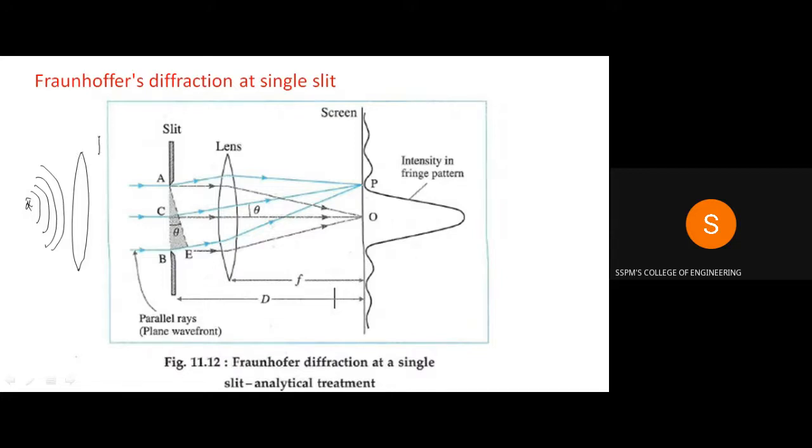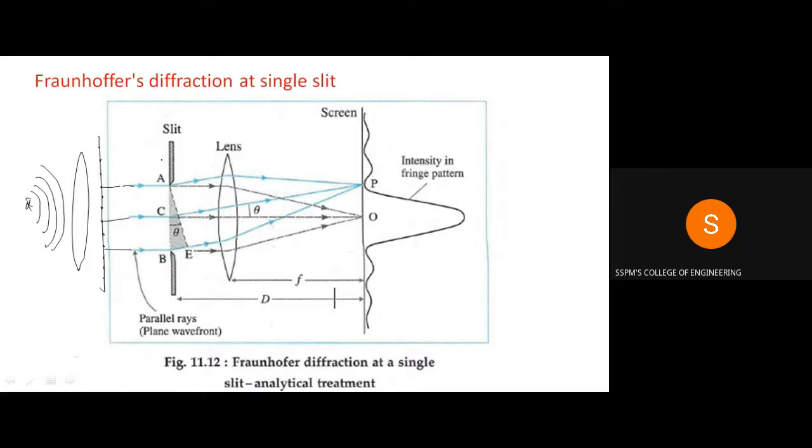Then we obtain the plane wavefront, the locus of all the points at which the waves have the same phase at any instant of time. So this is the plane wavefront.